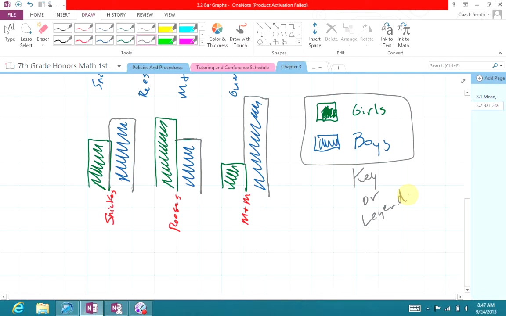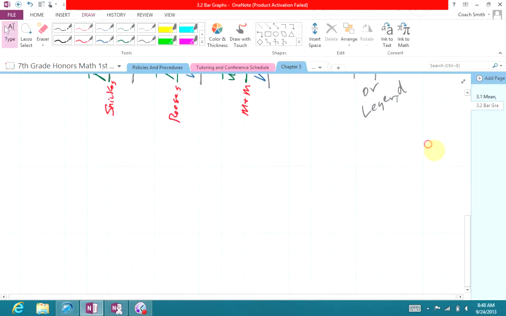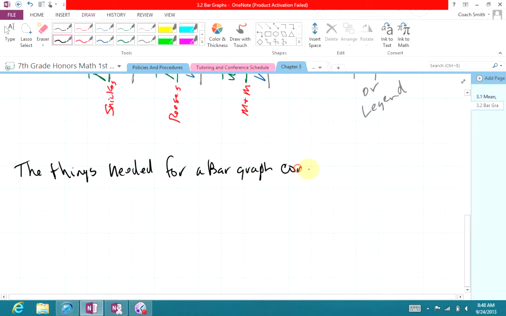Okay, now, let's talk about the things needed for a bar graph construction. So in other words, I tell you to do a bar graph, here's the things you must have.